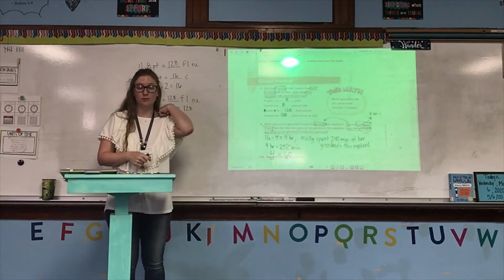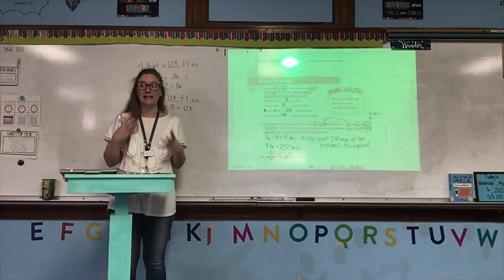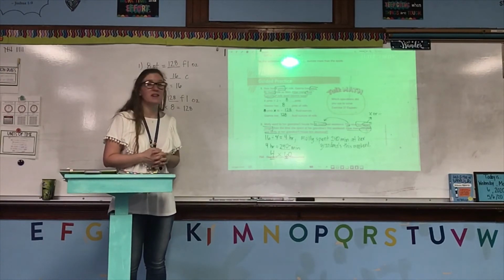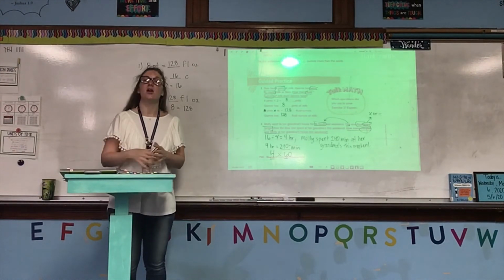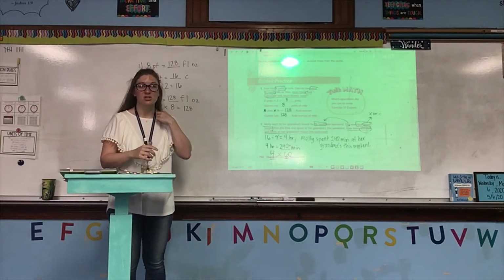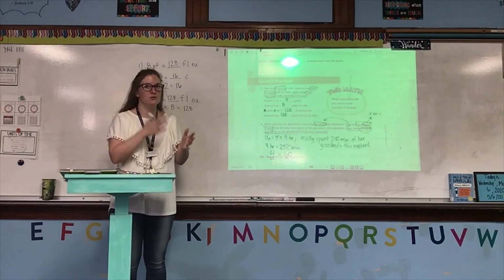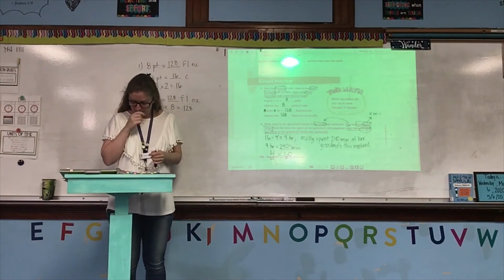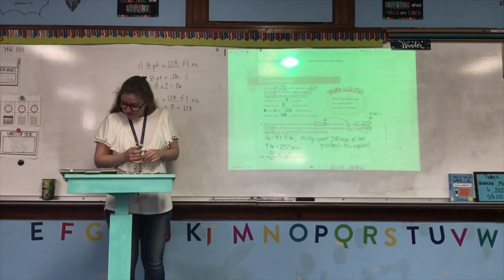You just have to read the question slowly and carefully, and make sure, are you trying to get a bigger number or are you trying to get a smaller number? Always check for that.